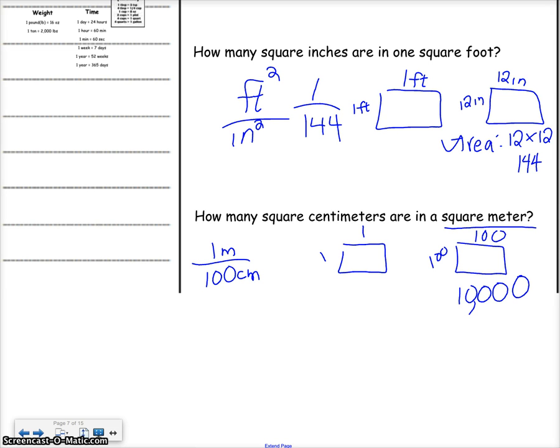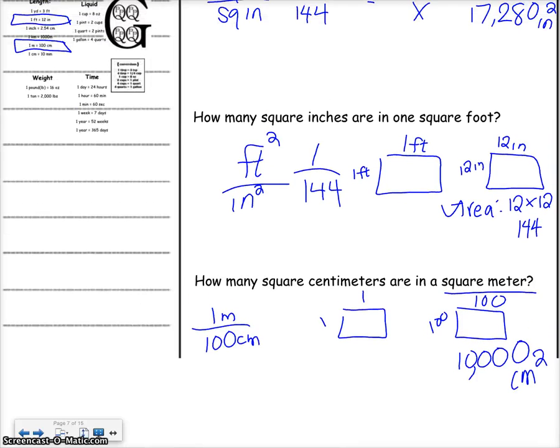Okay, 10,000 square centimeters. Okay? So, when we're talking about area, you can't just use a scale factor. You have to analyze what the area actually is. Okay?